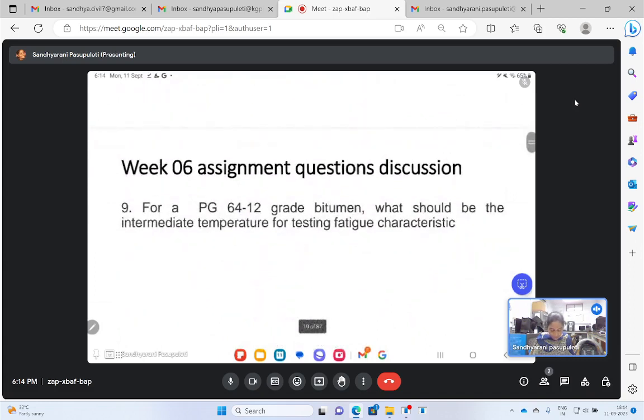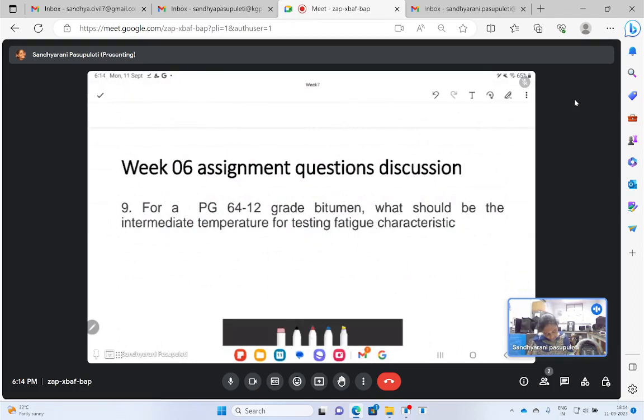So for a PG64 minus 12 grade bitumen, what should be the intermediate temperature for testing fatigue characteristics? We need to understand at what temperature we are supposed to test the binder for fatigue characterization. Here they have given PG64 minus 12.